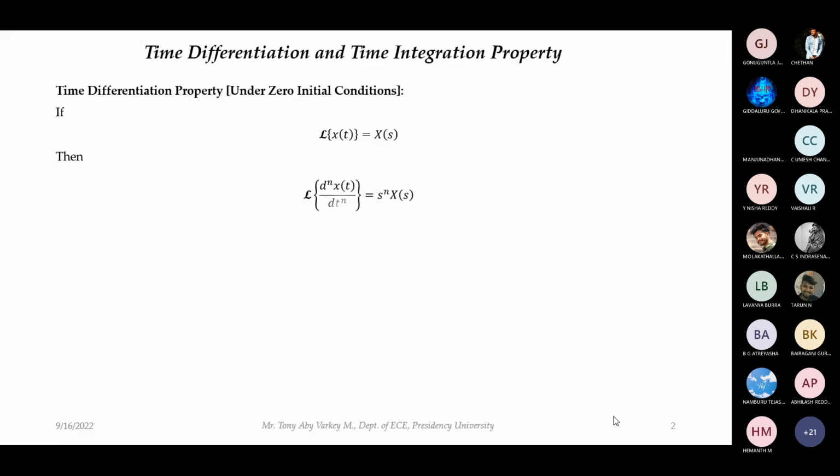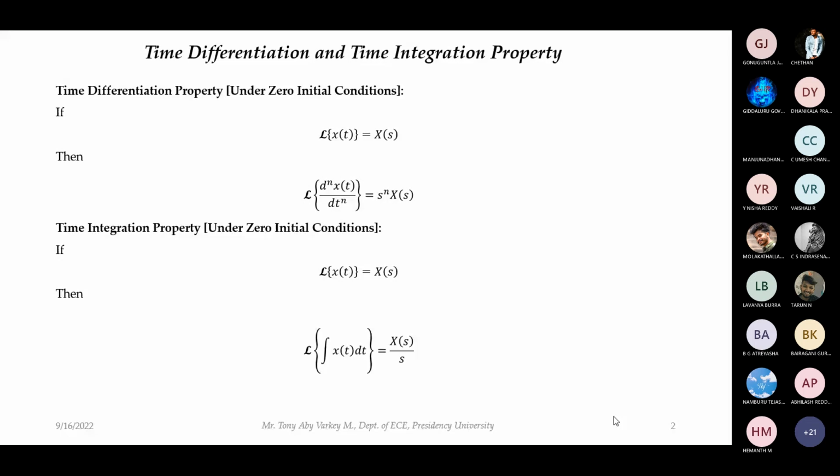Similarly, there is another property, the time integration property under zero initial conditions. It states that if the Laplace transform of x of t is X of s, then the Laplace transform of the integral of x of t dt will be X of s by s. Please remember this time integration property.